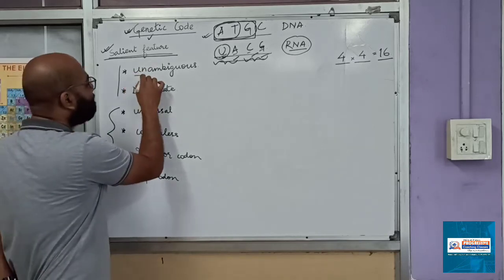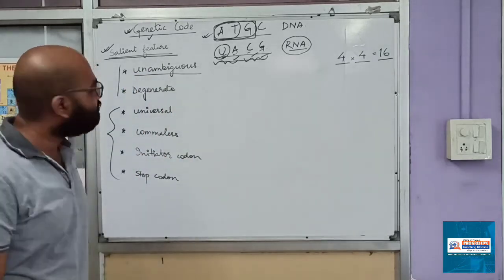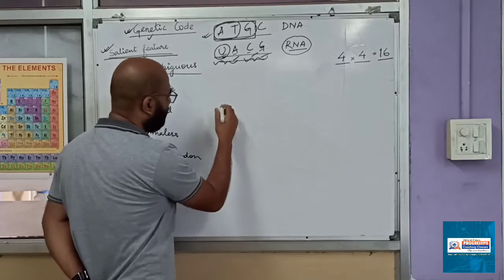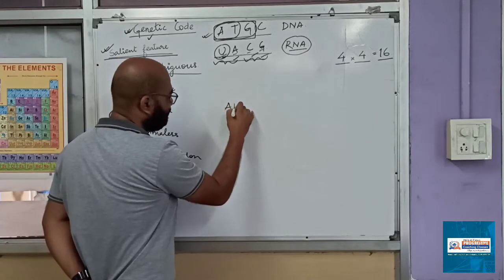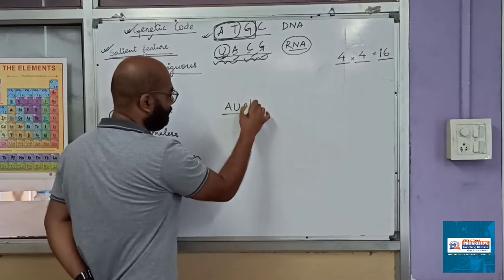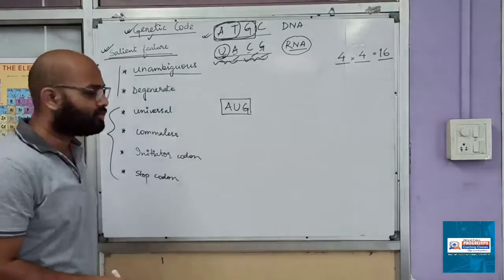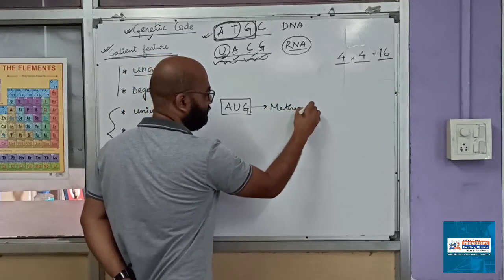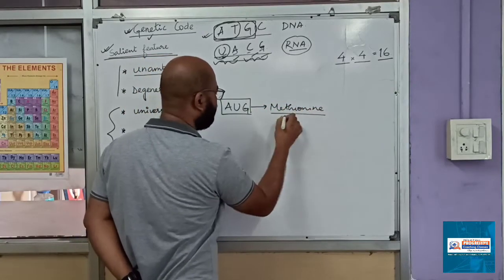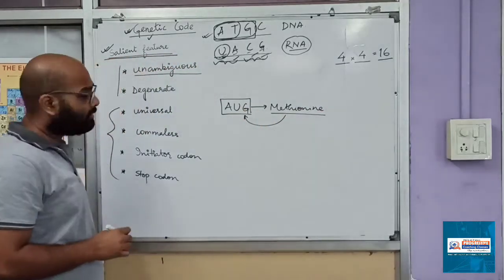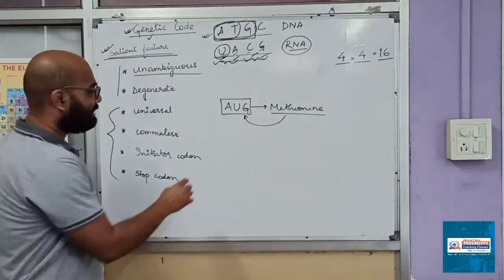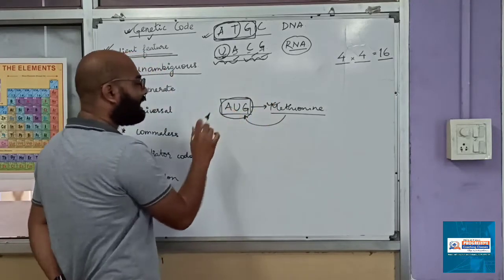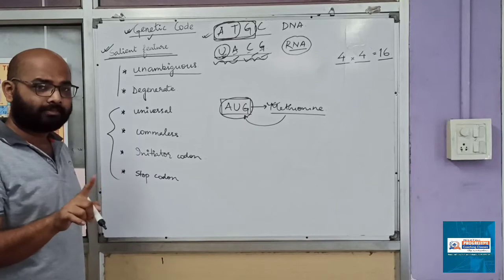Genetic code is unambiguous. Unambiguous means that suppose you consider any codon, suppose AUG. AUG codes for methionine, which is an amino acid. Methionine is coded by the genetic code AUG. So unambiguous means that AUG will always represent methionine. AUG cannot represent anything else.